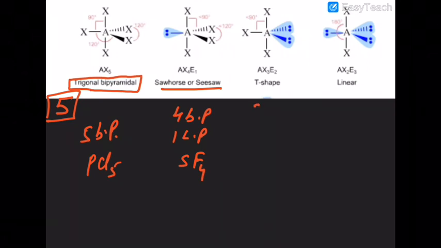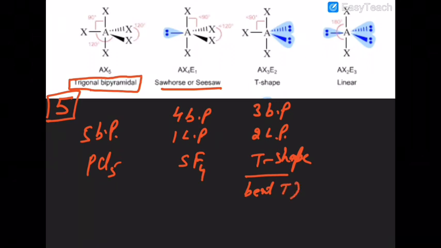If there are 3 bond pairs and 2 lone pairs, then you have a T-shaped structure. Most of the time that T shape is a bent T structure. The example is ClF3.